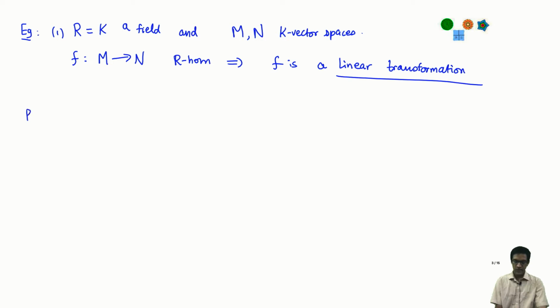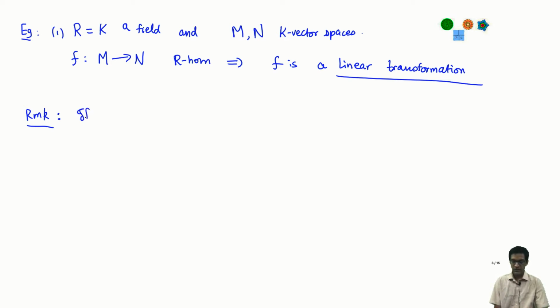Now here's a quick remark. Of course all these were defined for left modules, but it's not surprising how one defines homomorphisms for right modules. You just demand that it preserves the scalar multiplication on the right.